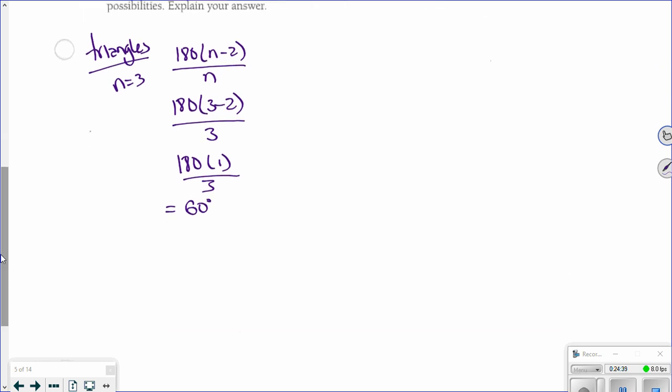So if 360 can be divided evenly by 60, then triangles will work. This does work. This is going to be 6. So it takes 6 triangles to rotate around a point.